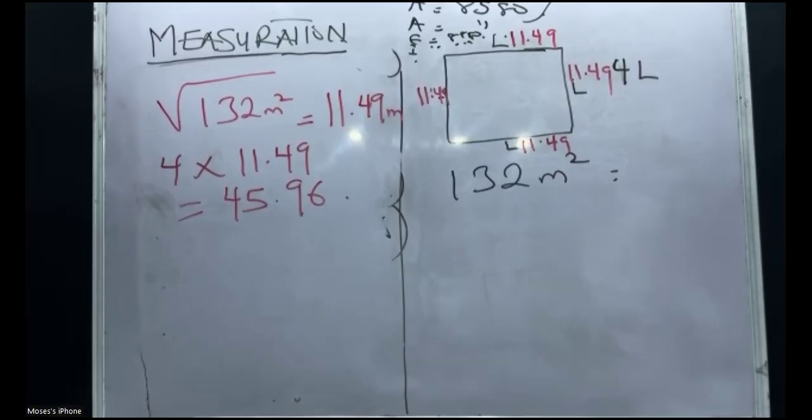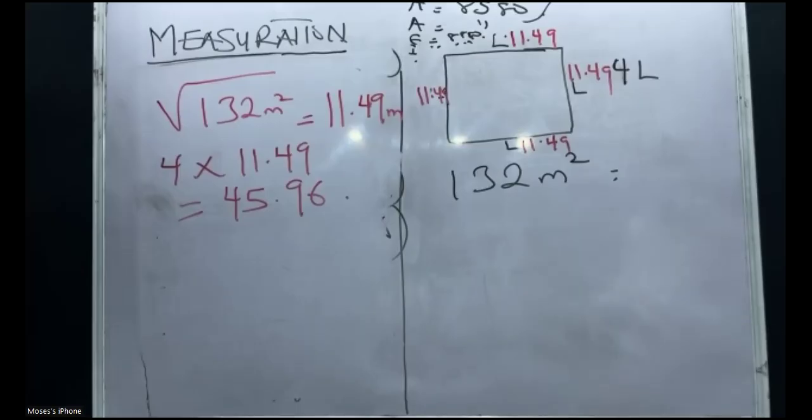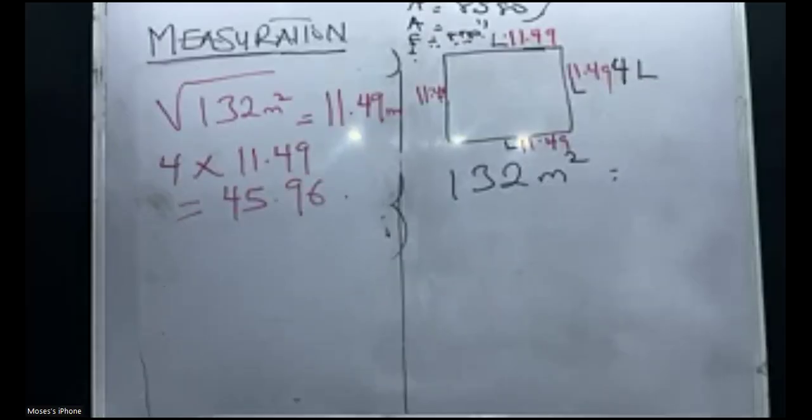Perimeter is 4L because a square has the same sides. The difference between a square and a rectangle is just that all the sides of a square are equal. And they said the area of that field is 132 meters square, and the cost is 65 naira per meter, not per meter square.